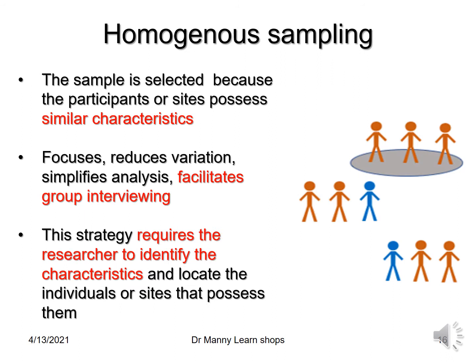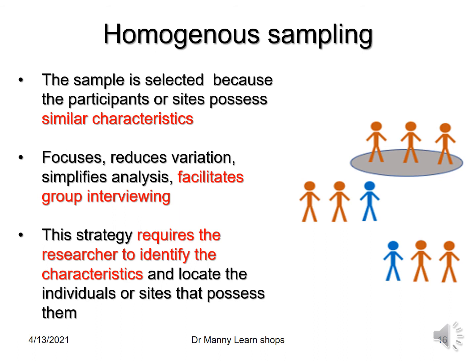Then you've got homogeneous sampling. And with homogeneous sampling, the sample is selected because the participants or the sites where you want to gather data possess similar characteristics. And this focuses on reducing variation, which simplifies your analysis, and it facilitates group interviewing because they have similar views.